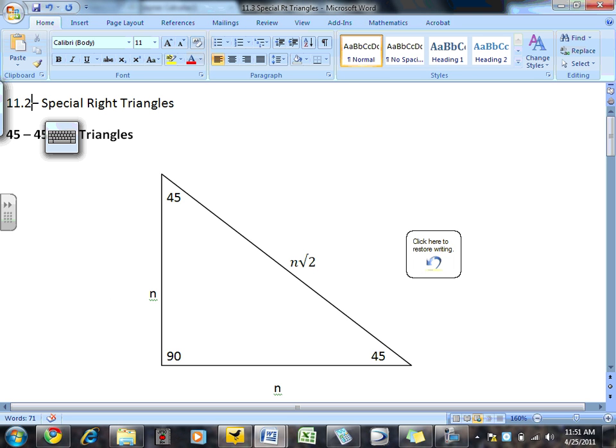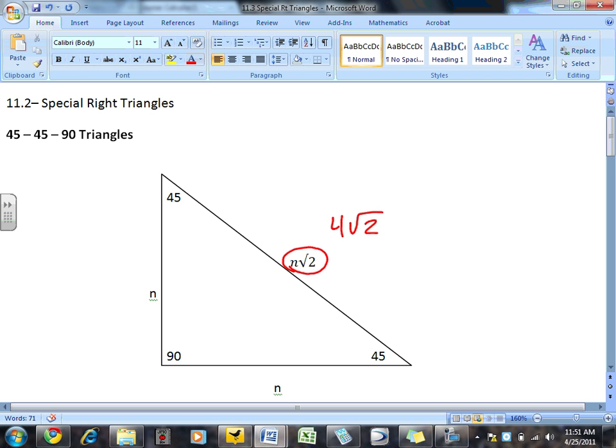But we can also figure out if they give us the length of the hypotenuse. Maybe the length of the hypotenuse is 4 times the square root of 2. Well, if the length of the hypotenuse is 4 times the square root of 2, we know 4 times the square root of 2 equals n times the square root of 2. All we have to do is solve for n, and we have the lengths of these two sides.